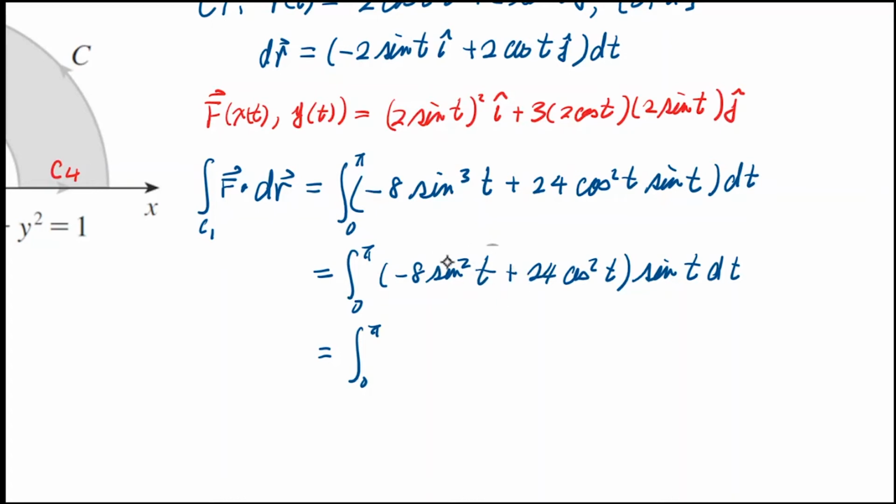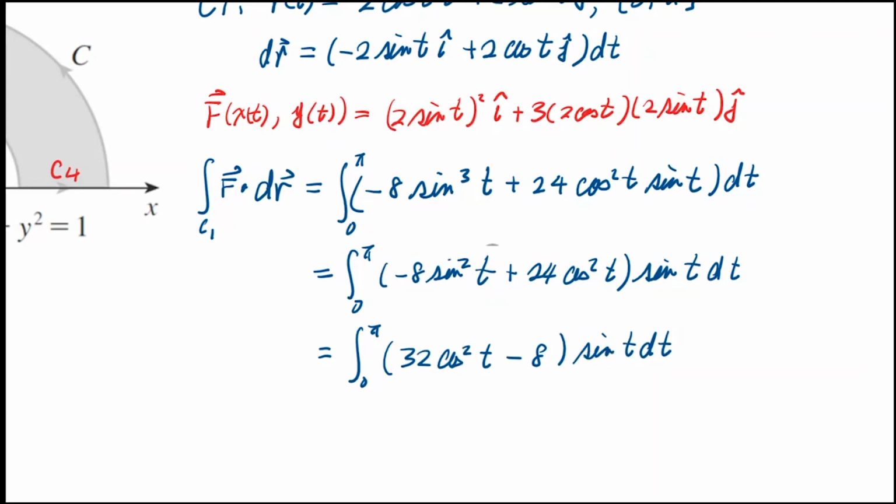Okay, fine. Convert this into 1 minus cosine squared. You have 32 of cosine squared, and then minus 8. If you substitute 1 minus cosine squared, we have negative 8, and then positive 8 cosine squared that gets added to this one. Very good? And this is u du, so we can just do this without making a substitution. We pick up a negative sign.